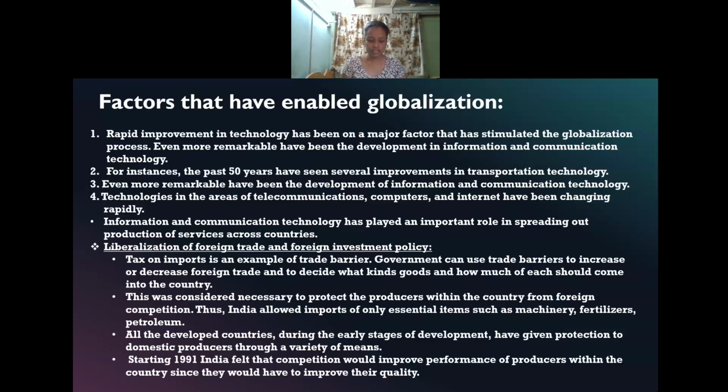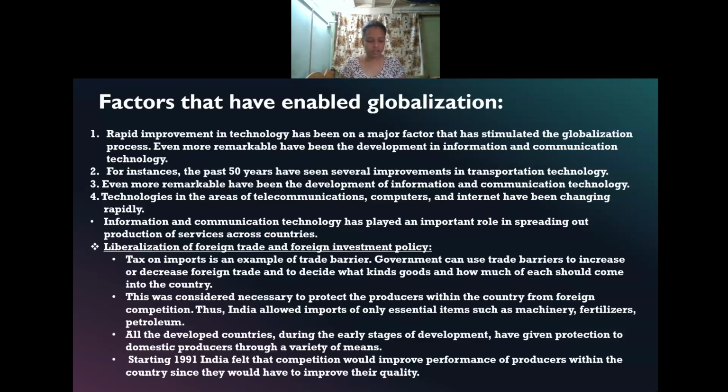As a result, to improve the competition and the performance of the producers within the country, since they would have to improve their quality, this decision was supported by powerful international organizations. Thus trade barriers on foreign trade and foreign investment were removed. By hook or crook, they should compete if they want to survive. If they want to survive by keeping their industries and factories, then they should improve their performance, and their exporting and importing business. So as a result, they removed the trade barriers during this period.